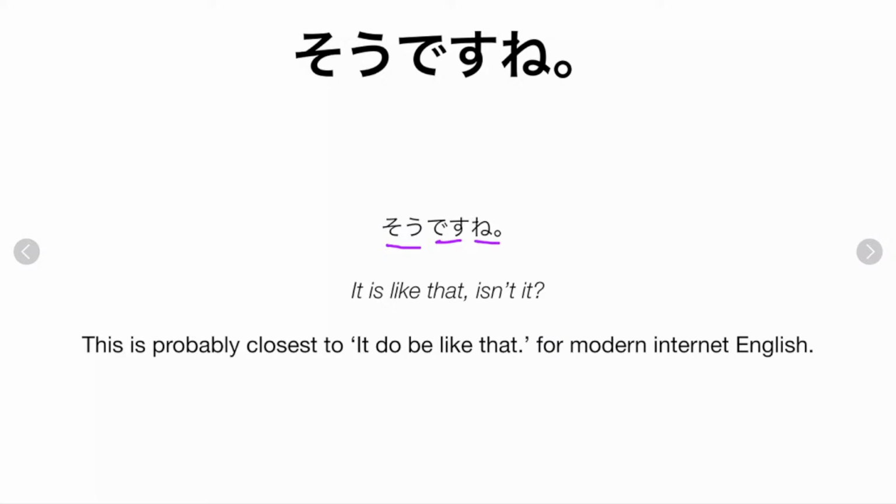In modern English, if I had to translate this, I would more say, it do be like that. I think this is how kids say it on the internet, right? It do be like that. So this is just agreeing that, yeah, the way you describe stuff, that's how it is. So, for example, Yago is saying, so desu ne. He's just stating agreement with the thing that somebody has said and saying, yeah, what you're saying is true.